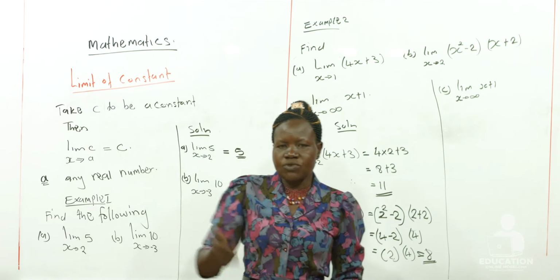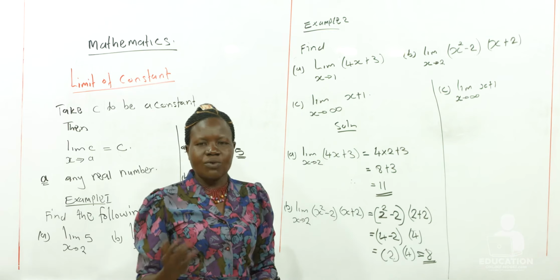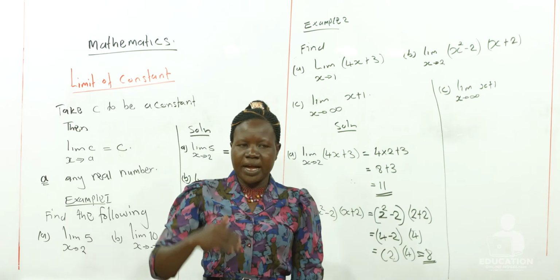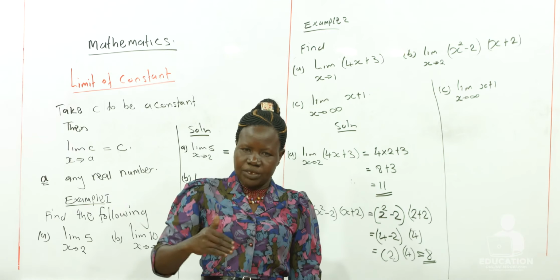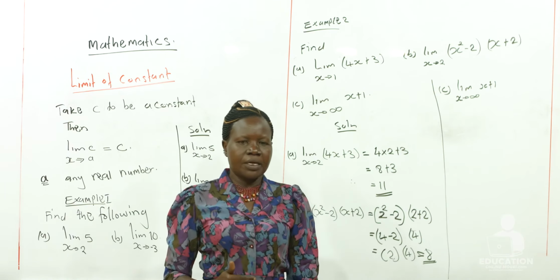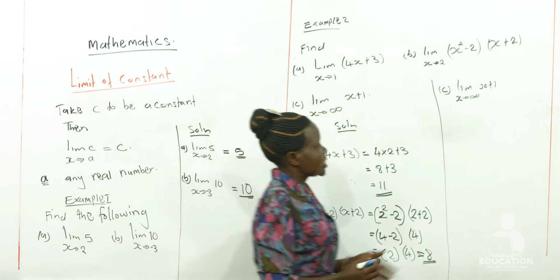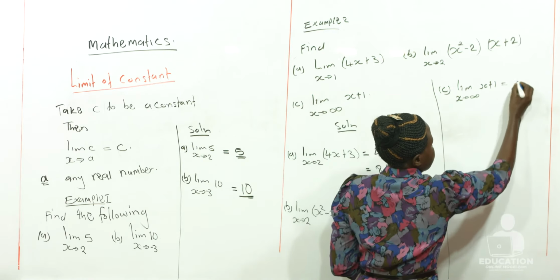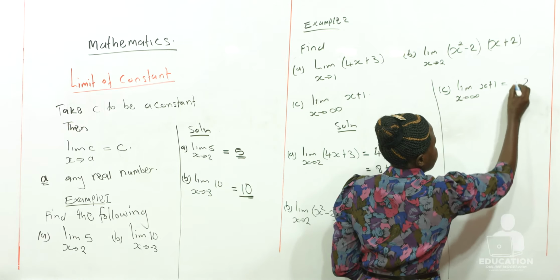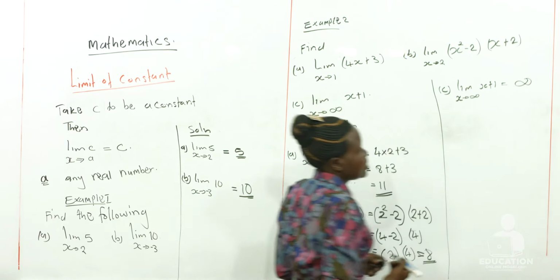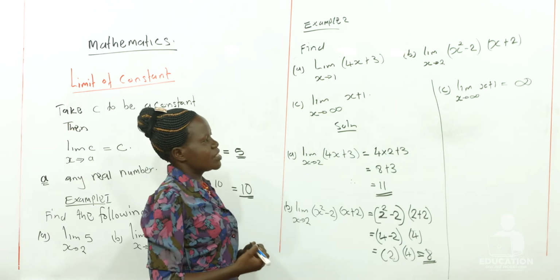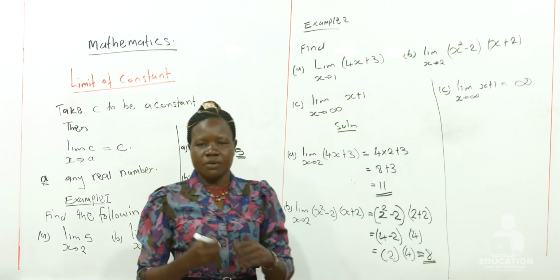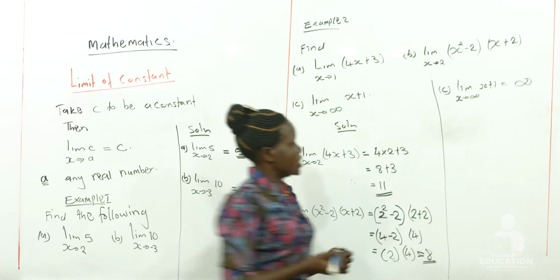Now what do you think will be your answer? Your answer will also be infinity, because you don't know the value of x, where x is stopping. Therefore our answer will be infinity, because x, which is infinity, plus 1 still gives us infinity.